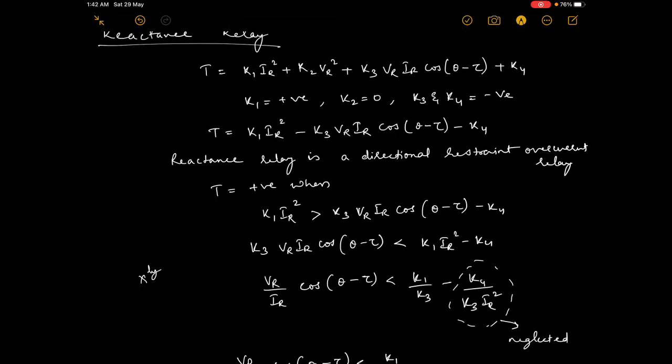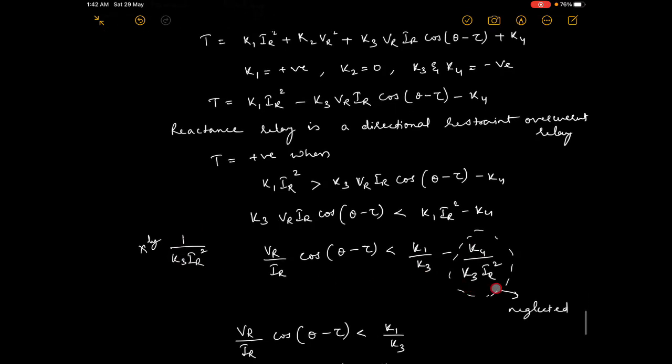If you multiply this, k3 and k3 cancel, IR and IR cancel, one IR remains in the denominator, this VR as it is, this as it is, and here k1 by k3 as it is, IR square cancels, and k4 divided by k3 into IR square. So we have multiplied this throughout the equation.